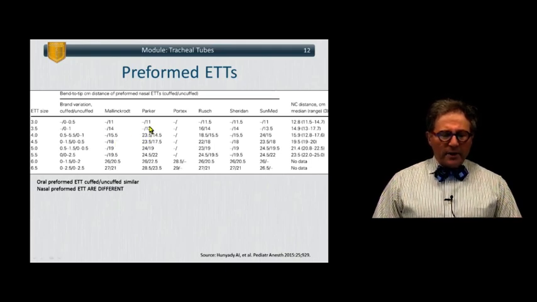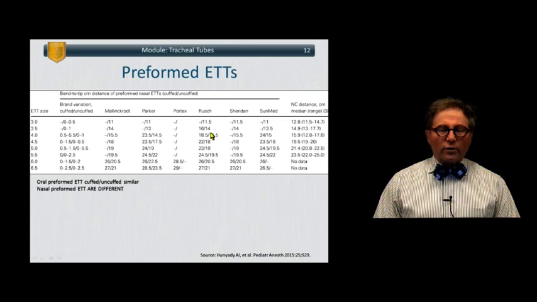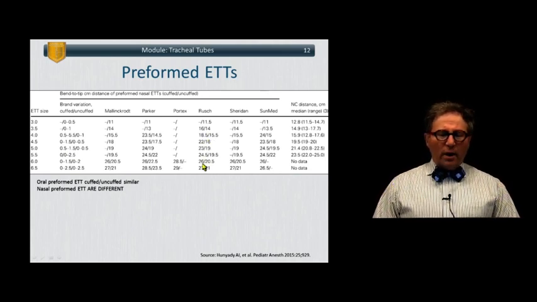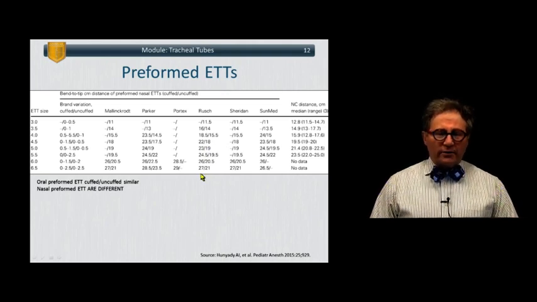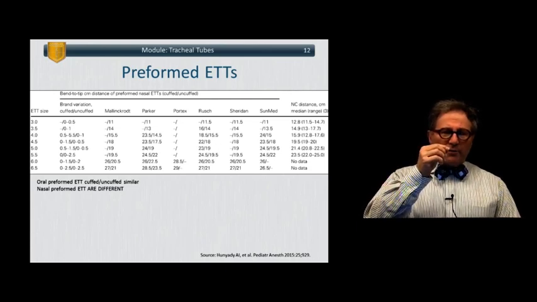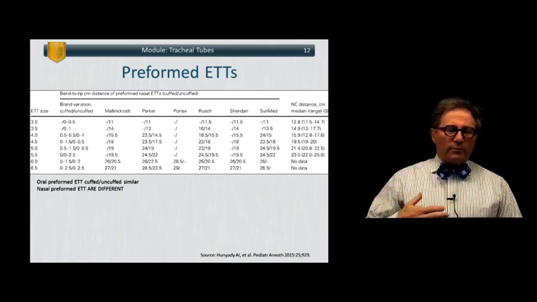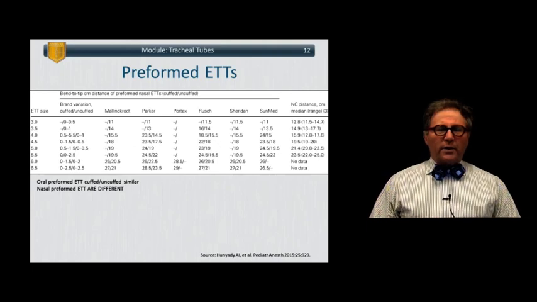And that is, with these Parker and Rush tubes, there may be as much as 9 centimeters of longer tube with a cuffed bent tube, even though the tubes are the same diameter compared to the uncuffed tubes. And the problem is failure to recognize this and insert the elbow just far enough or close to the nose to ensure the tube is allowing bilateral ventilation may not be considered.